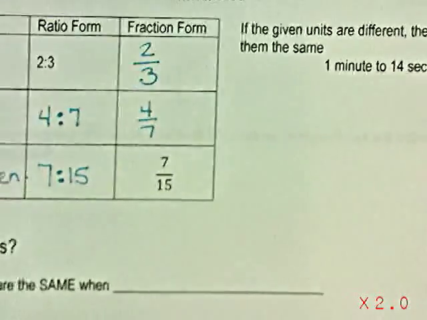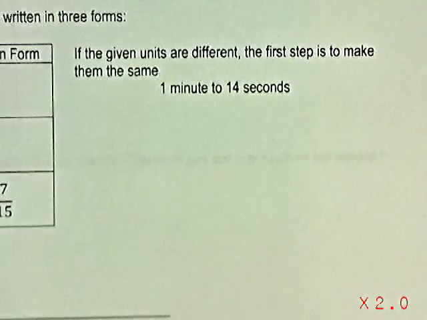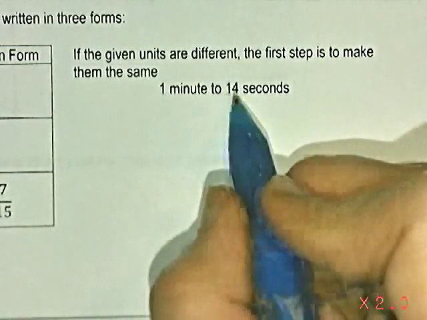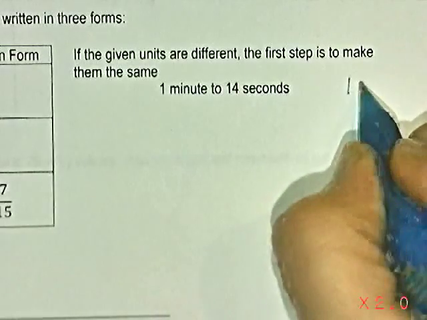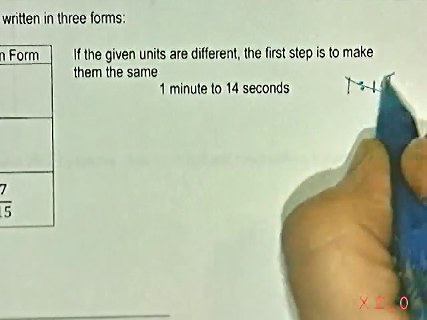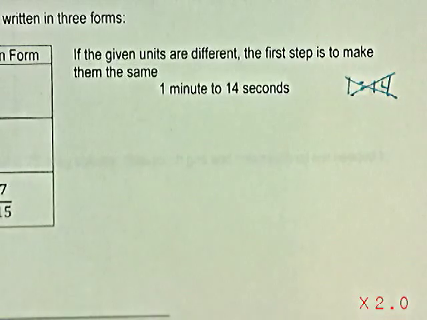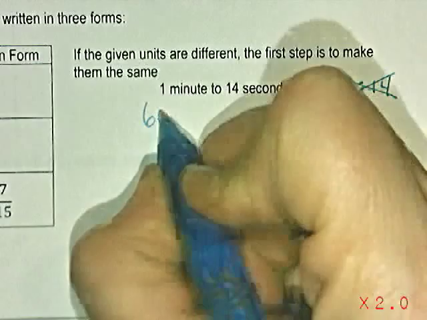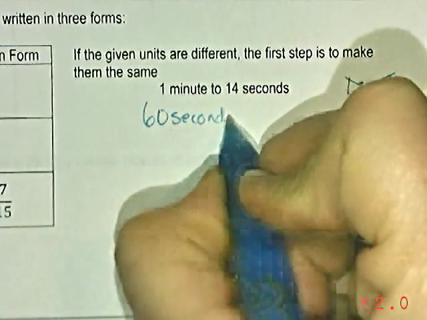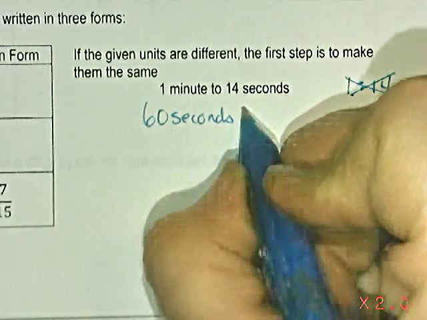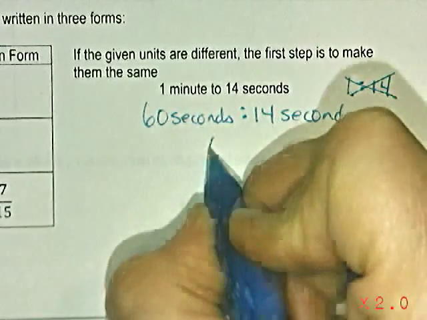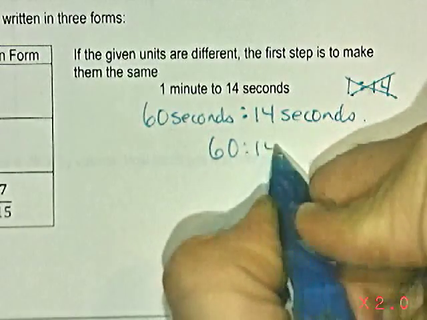When we are dealing with ratios, if we're given units that are different, the first step is to make them the same. 1 minute to 14 seconds, I would not make a ratio of 1 to 14 because they're not in the same units. And so 1 minute is 60 seconds to 14 seconds. Or we could take the units out and say it's 60 to 14.